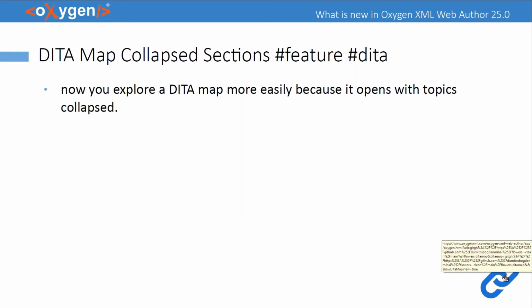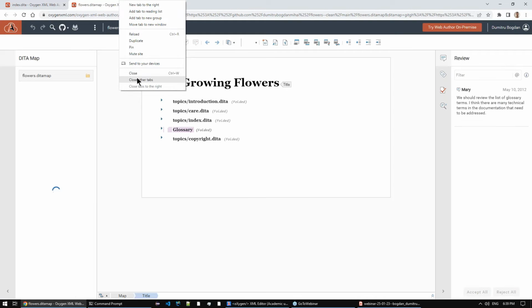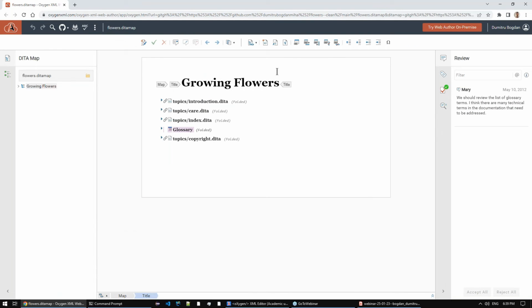I will click the link icon that will again open Web Author with a prepared sample. Just let me close the other tabs. Okay, as you can see, Web Author loaded and the topic graph structure is collapsed. That's great. And for the sake of the presentation, let's say that I want to search for a particular summer flower that I know is somewhere within this project.